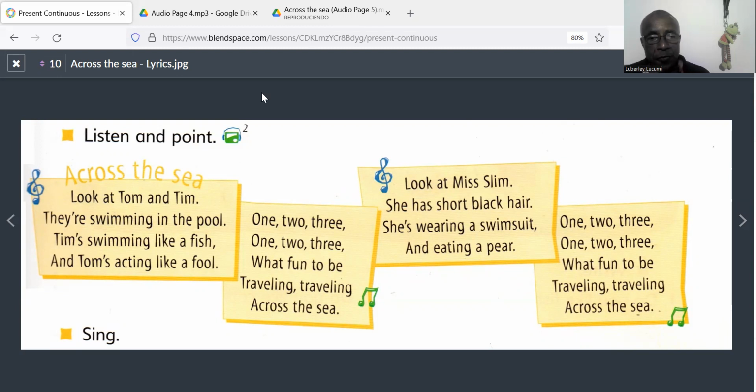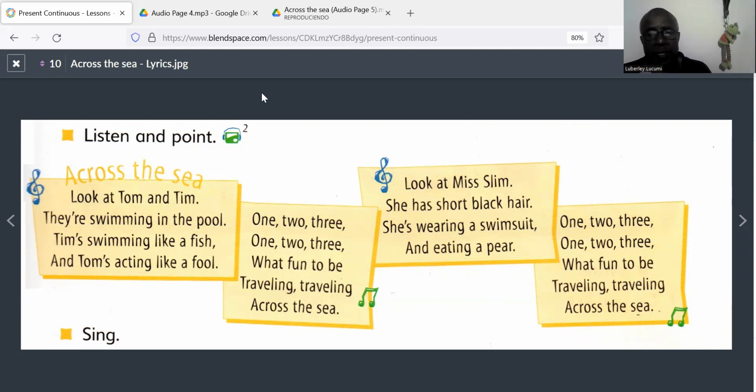What fun to be traveling, traveling across the sea.